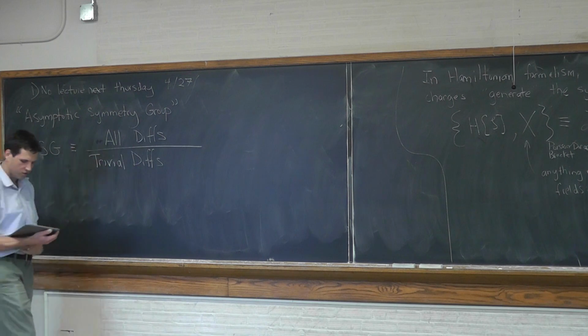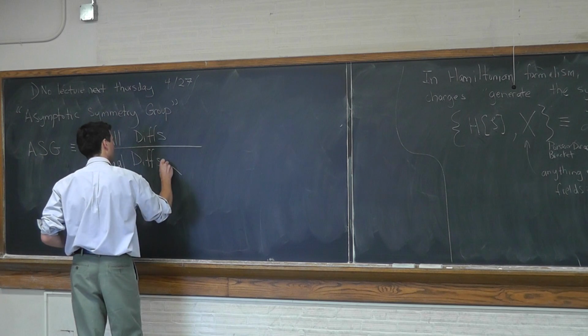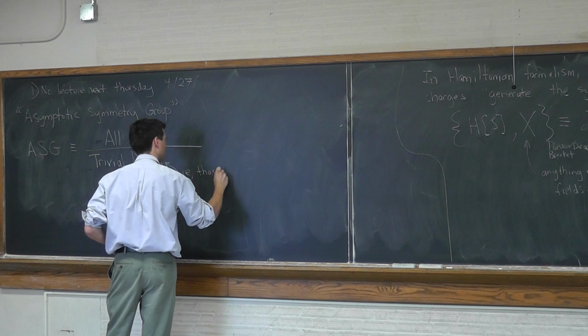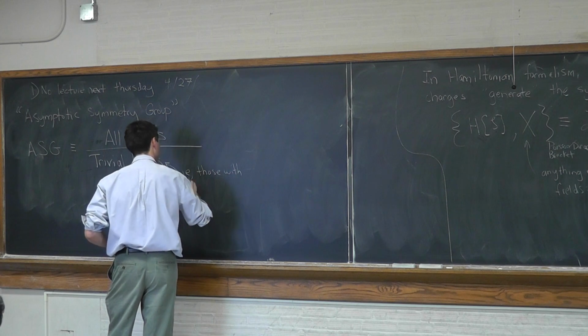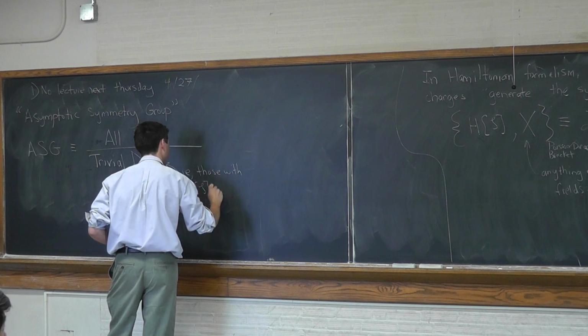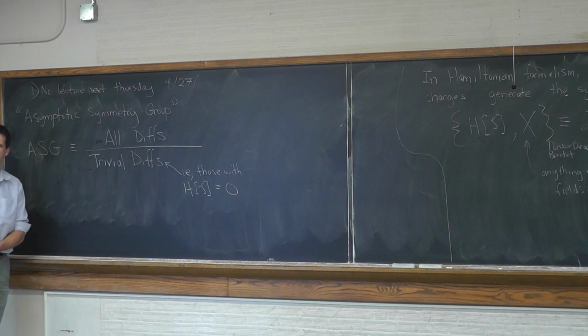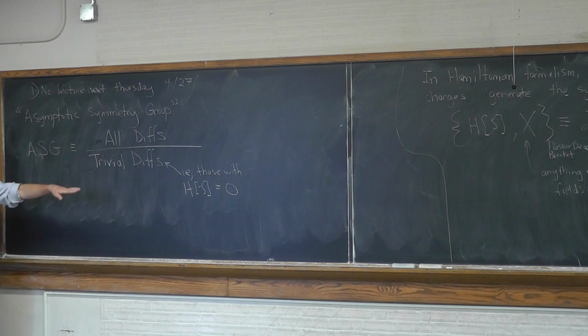The trivial ones are those with the charge h of zeta equals 0. So if you have diffs that vanish at infinity, diffs that are falling off, those are really pure gauge. Those are called trivial diffs. As I was talking about last time, those don't act on the states, they just give you some redundancy in description.